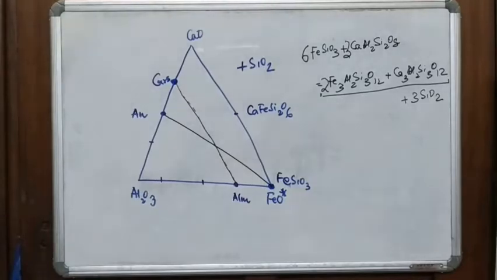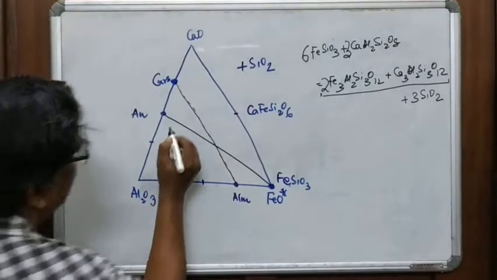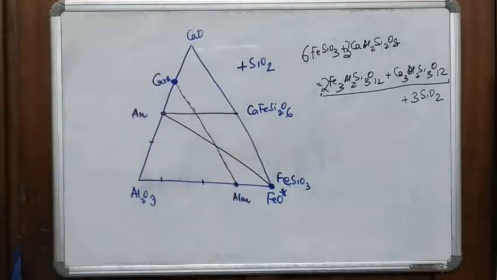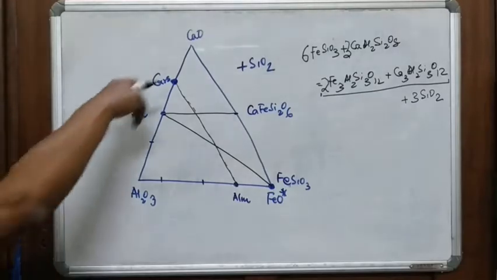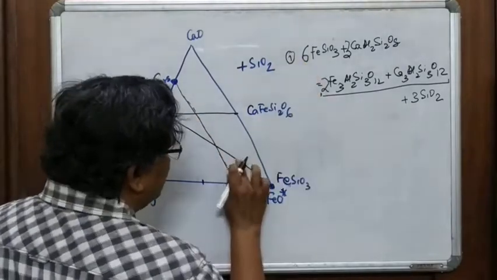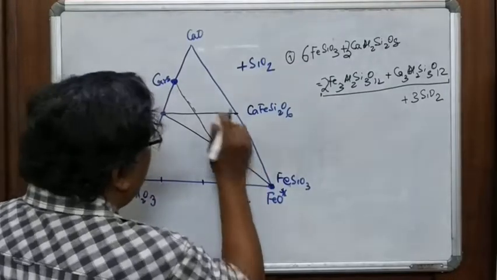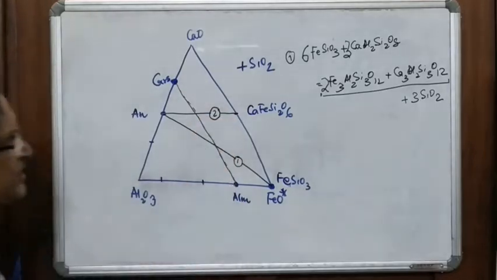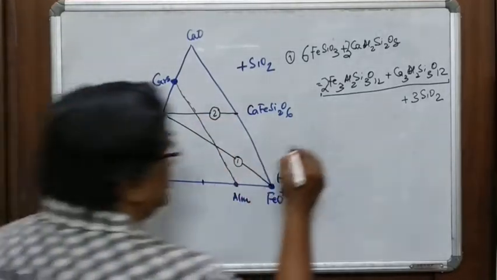This is one reaction. If I look at another reaction, you can see here anorthite plus diopside reacts to give garnet. So this is our reaction 1, so I will write 1 here. And this is our reaction 2. What is reaction 2?